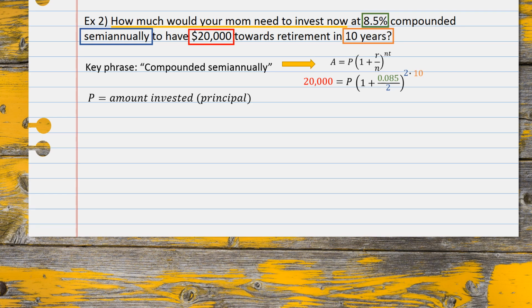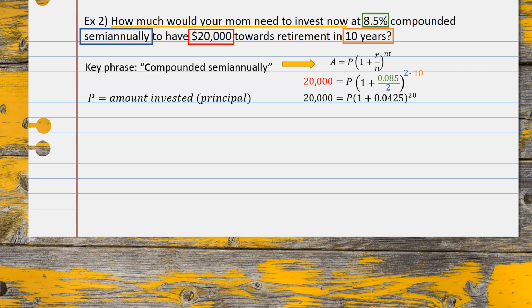Now we need to solve and simplify and find that hidden value of P. According to GEMS, we need to work inside the parentheses first. And again, we have to do the division before we do the addition. Take a moment now to do the division of 0.085 divided by 2.